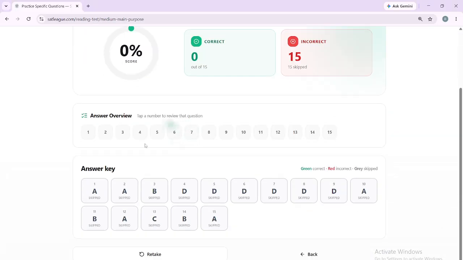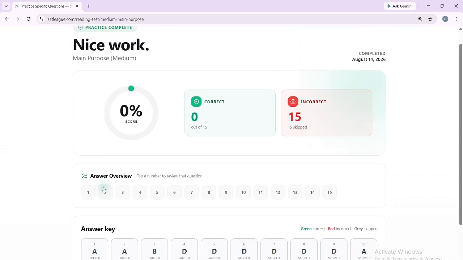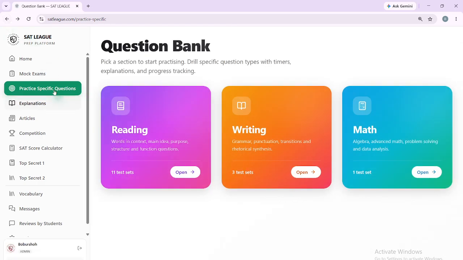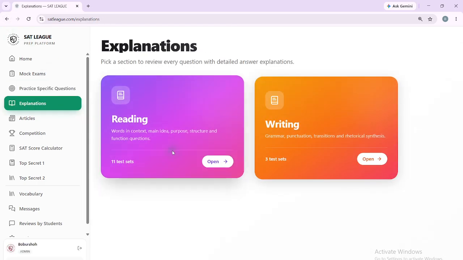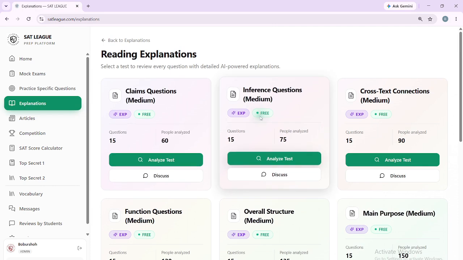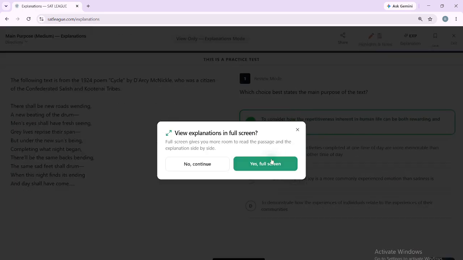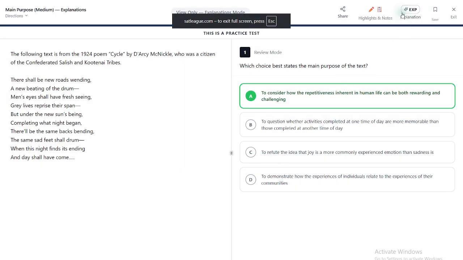After finishing, you have to go back to each mistake you had and analyze those questions. After analyzing, what you can do, which is very important, is to go to explanations and find that same thing, main purpose, medium here. Go to analyze and go on to full screen, and right here you have all the questions, all 15 of them.